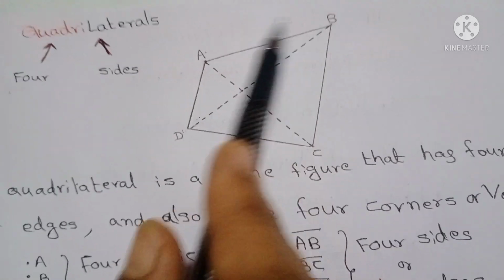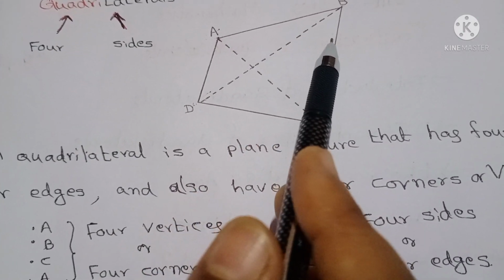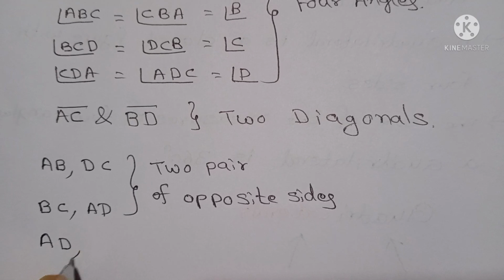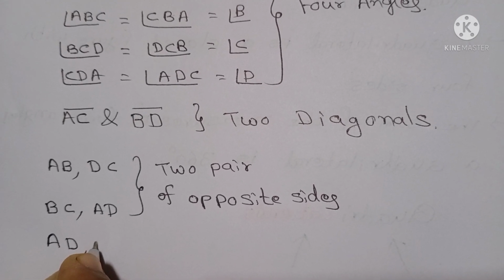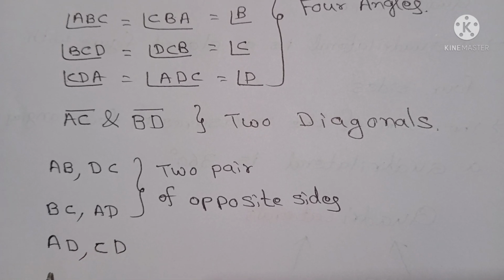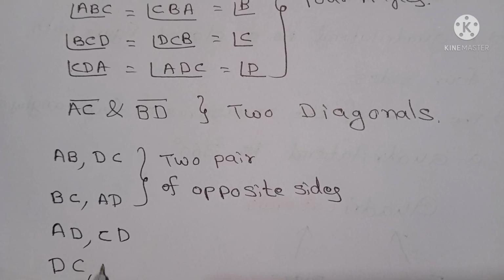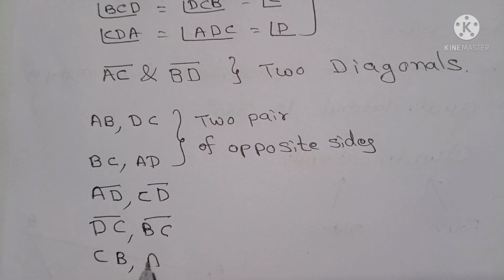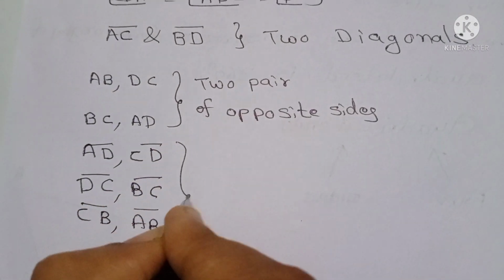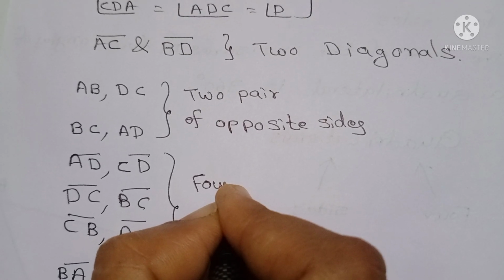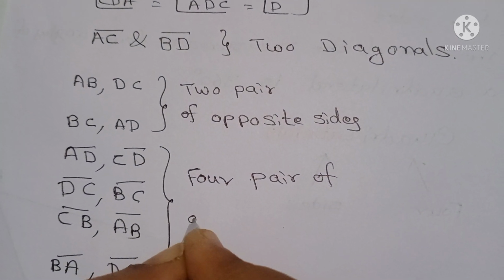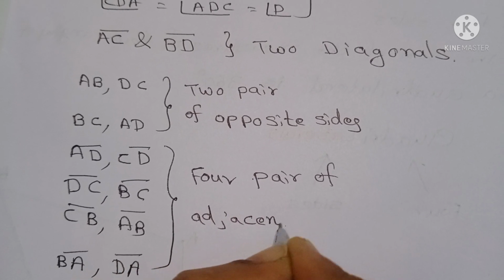CB and AB are also one pair of adjacent sides. Four pairs of adjacent sides.